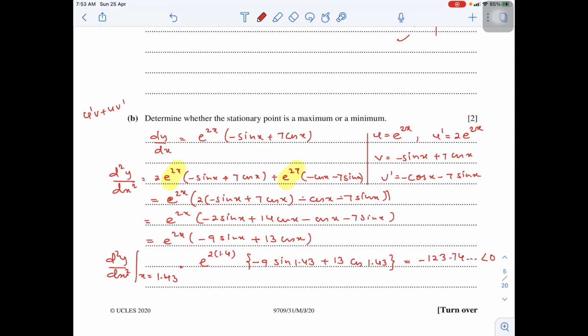Remember, this is in radian mode. So substitute the values and use the calculator. You will get negative 123.74..., which is less than 0. And we can say hence the stationary point is a maximum point.